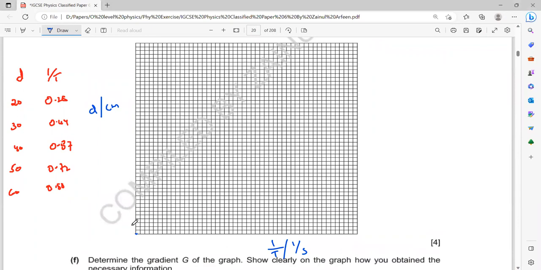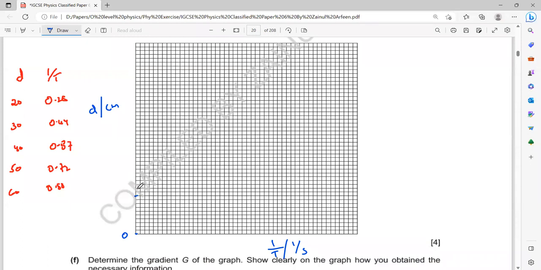As they did not mention starting from origin, for example, this is 0. The minimum value is 20 and the maximum is 60, so we have to complete within 60. So 1, 2, 3, 4.